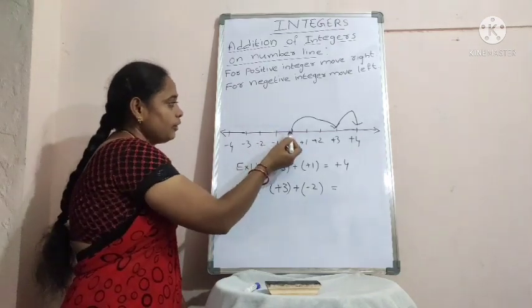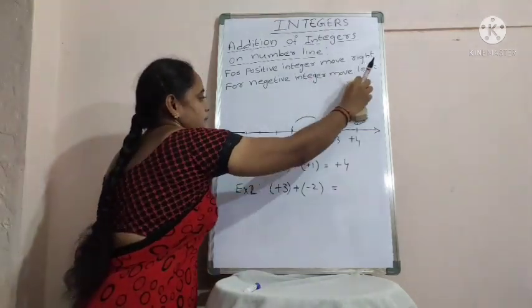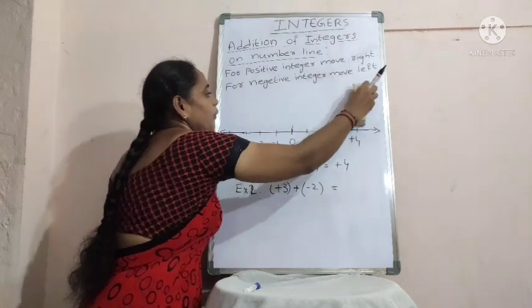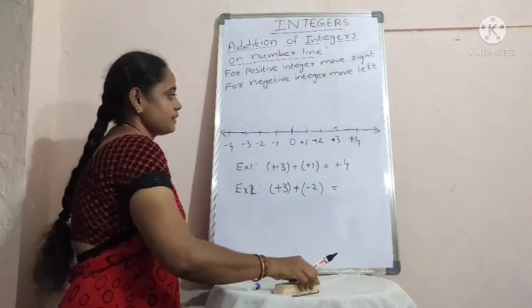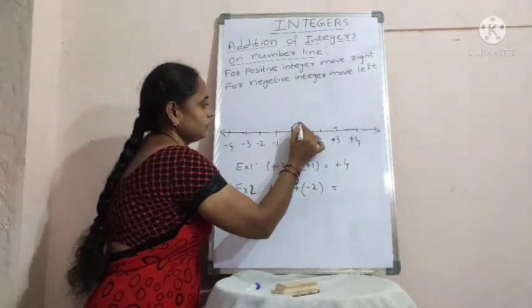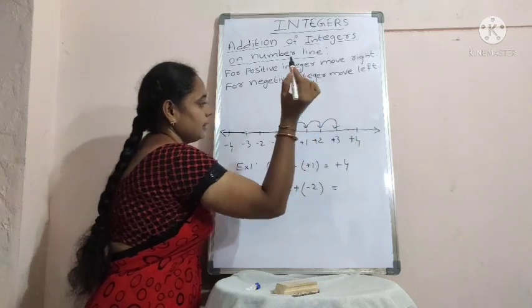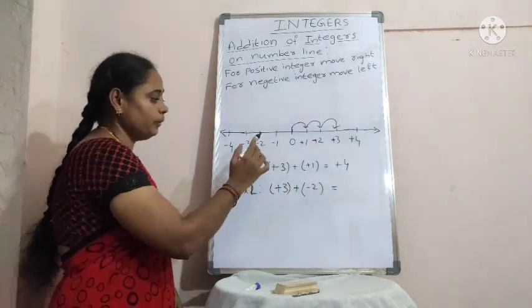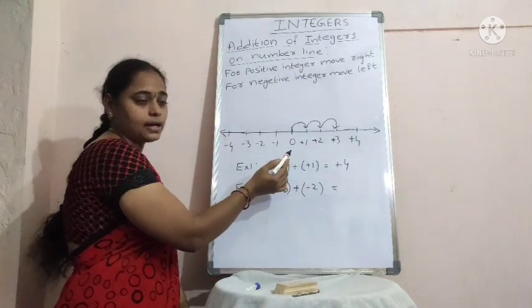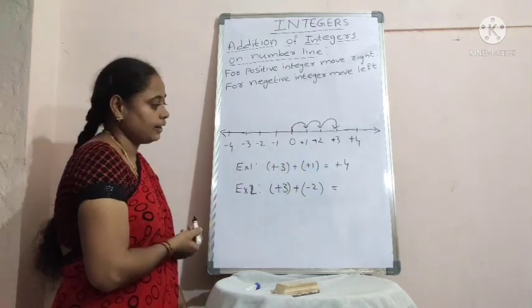From 0, we move right side by 3 steps. How many steps we move? 3 steps. Where? From 0. So 1, 2, 3. So we move 3 steps right of 0 to reach plus 3.